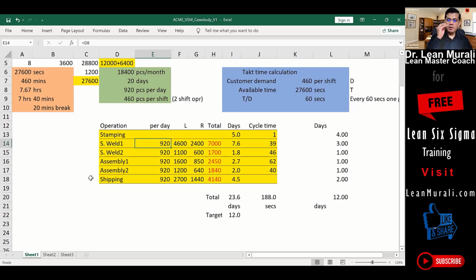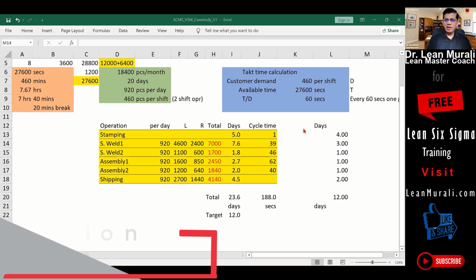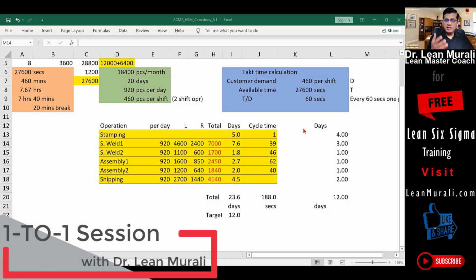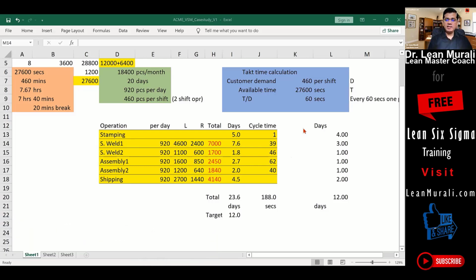This is one of the most important understandings required in value stream mapping. If that is clear, inventory between the processes is not confusing. This is the data that is seen in the workplace. I walk through the factory, I see how many pieces are there, and I write down the pieces.